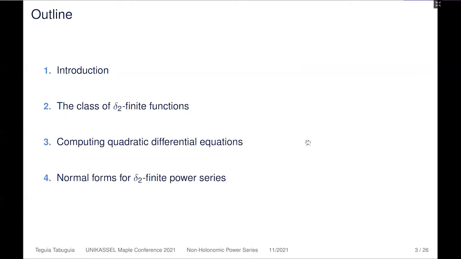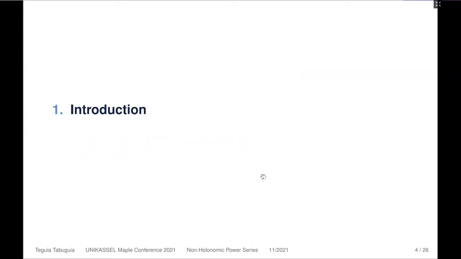In the third section, we describe the first and main step of our algorithm, the computation of quadratic differential equations. From this step, we deduce the power series representation after a conversion into a recurrence equation, and write the power series in a recursive form, which is also a normal form.